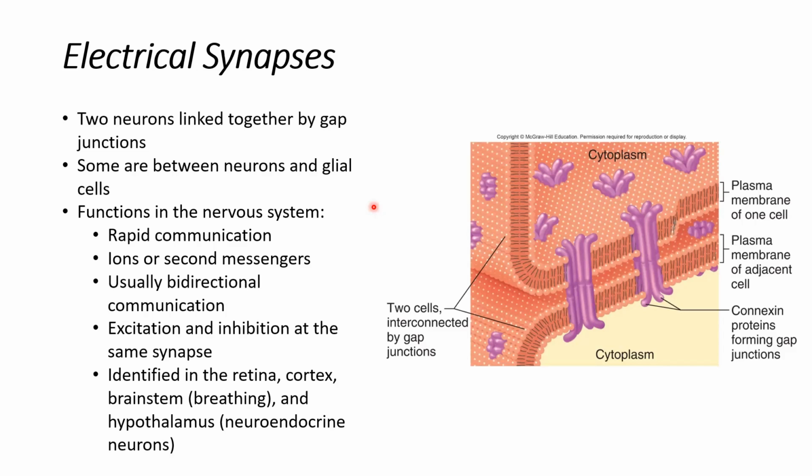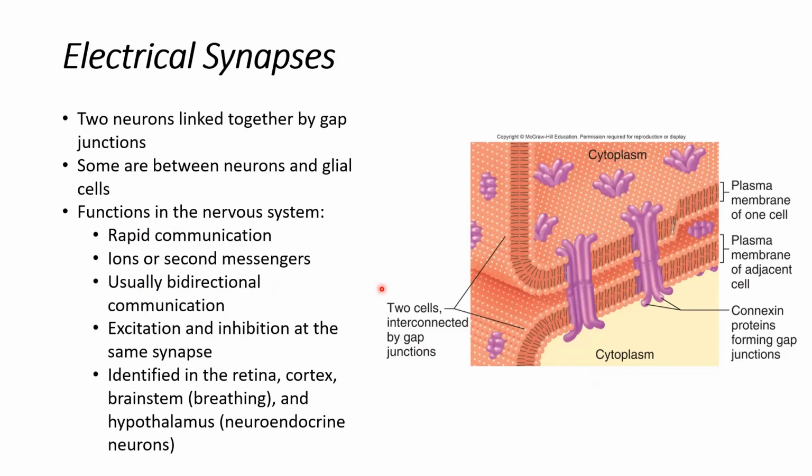An electrical synapse, on the other hand, is going to be really rapid, really fast. If it's able to just go right through this gap junction, it's not going to be transferred to a chemical and then back to an electrical, which is going to take up some time. So electrical synapses are going to be much more rapid in their communication than chemical synapses are.